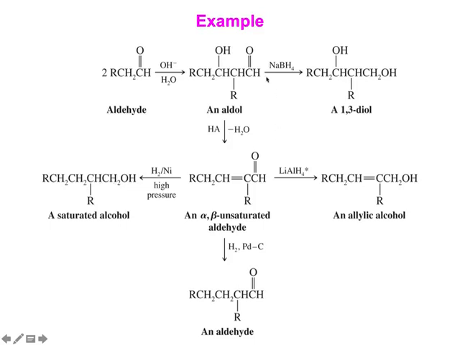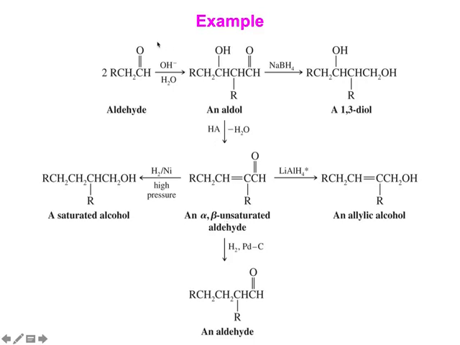Look at here. This one is the aldol product. If you use reduction, you get the alcohol, so the C double bond O is reduced to form the alcohol. This one is from the aldol, and then using acid and water, you get the alpha, beta unsaturated aldehyde.